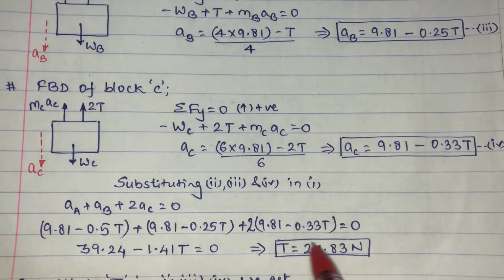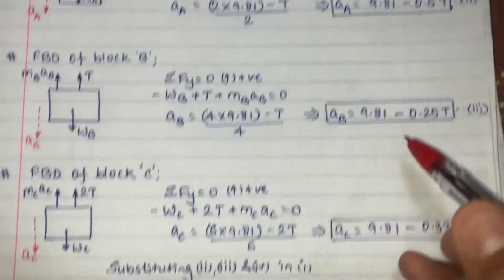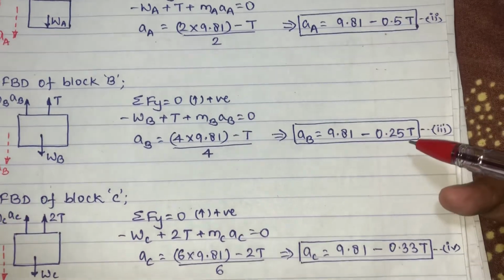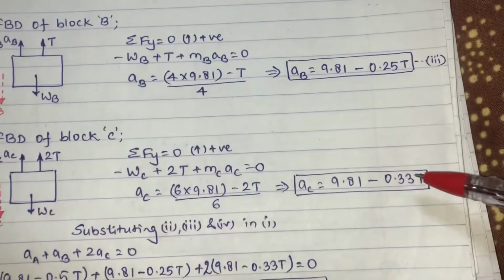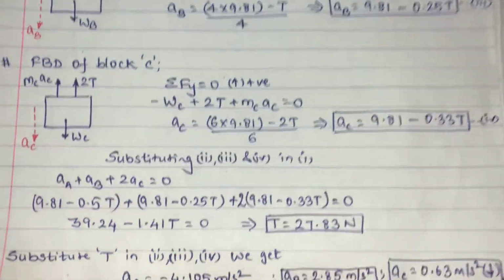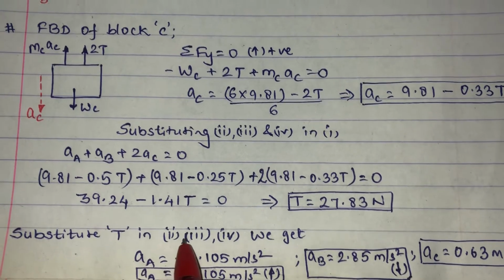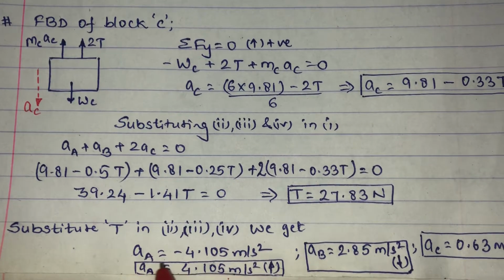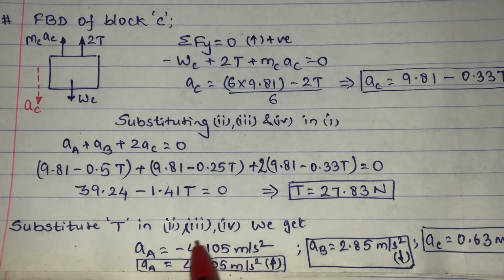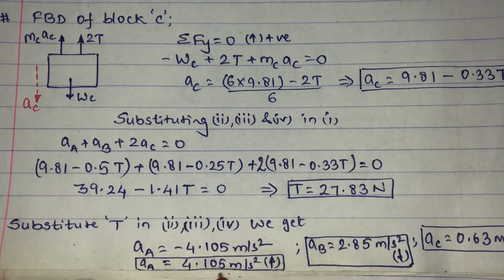Now if we substitute this T value in equations 2, 3 and 4, we get AA, AB and AC. For AA, when we substituted, we got a negative sign, so I'm converting it into a positive magnitude.